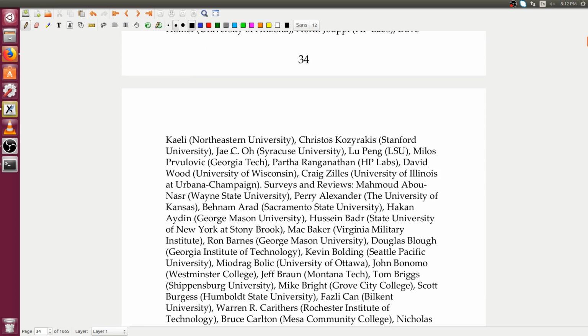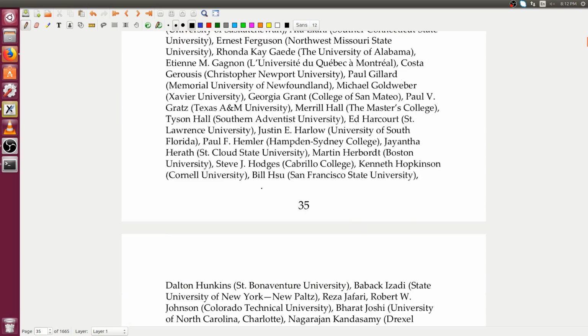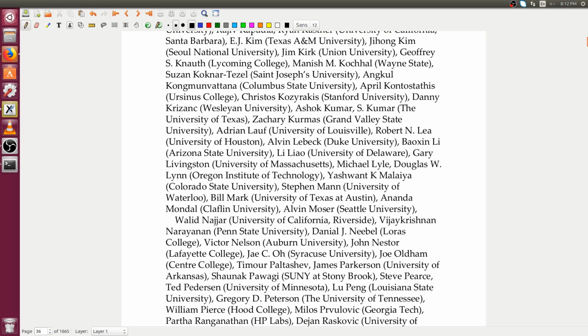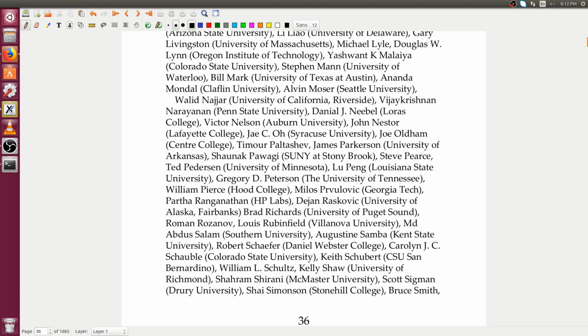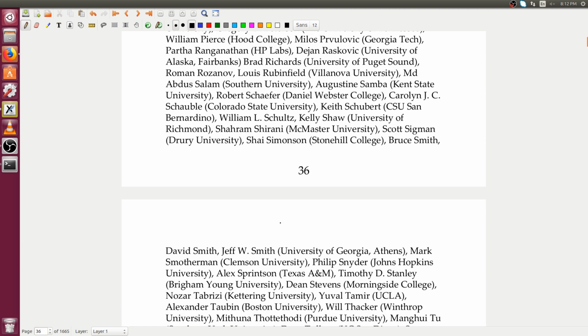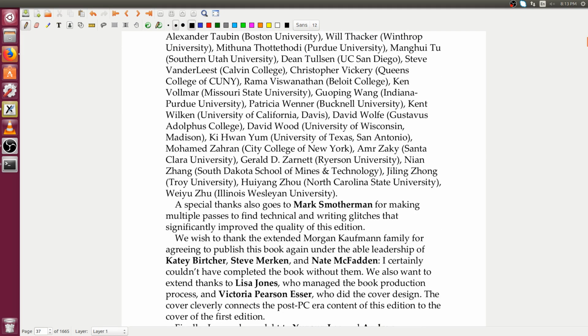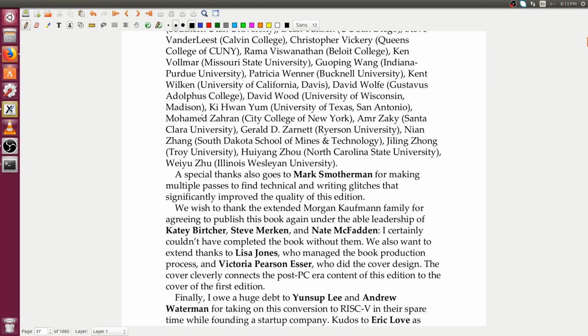We got a lot of thanks. Look at all these people that contributed to this book. That's a lot of people. Do I know any of these people? Maybe. There's a lot of people here I don't know, though. David Wood's also another big guy in computer architecture.